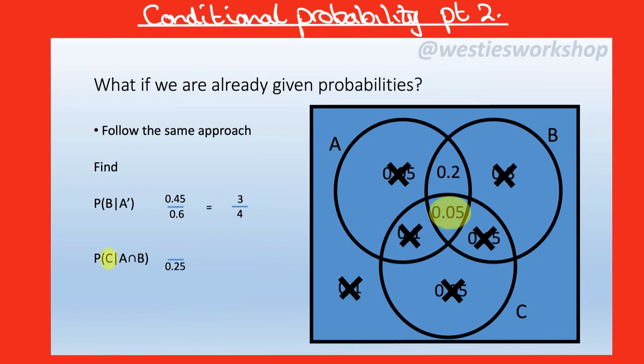And now the probability of C is 0.05. So the probability is 0.05 out of 0.25, which is equal to 1/5.